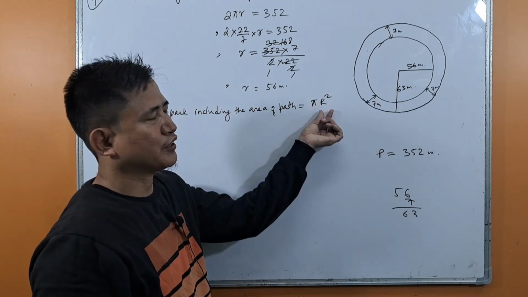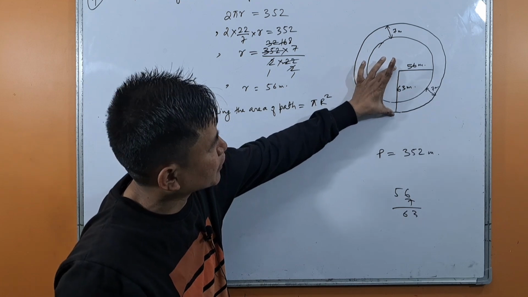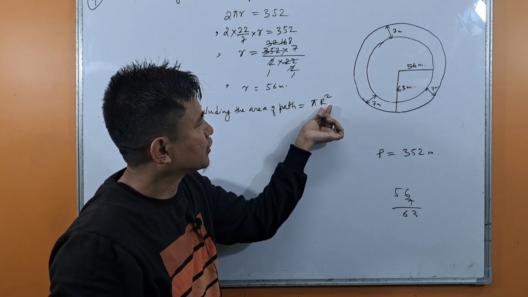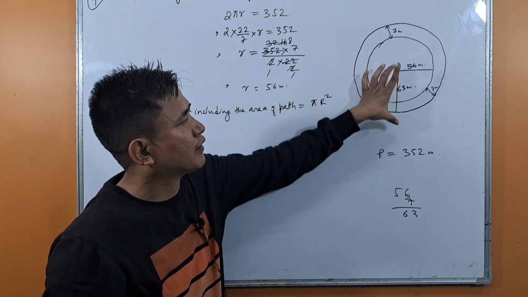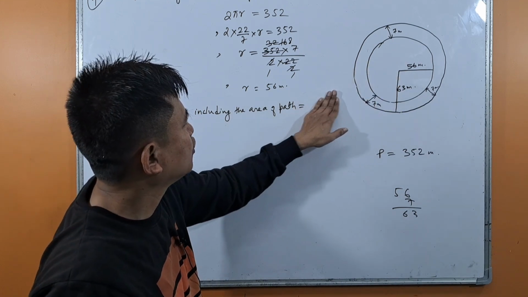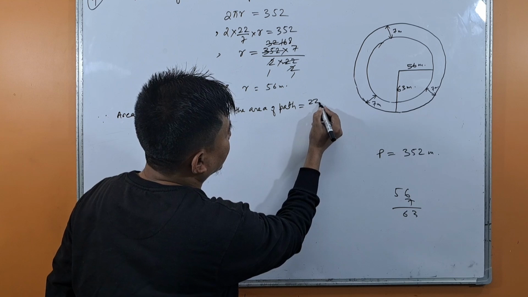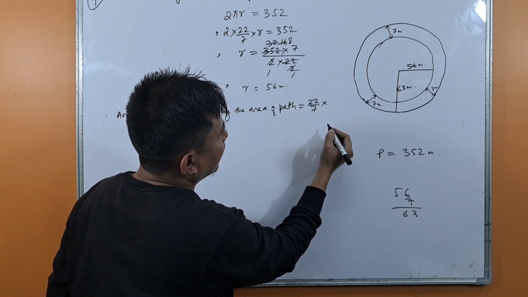Let me suppose this is capital R. Pi into capital R square. What is the value of pi? Pi is 22 by 7. And what is the value of capital R? Capital R is 63.